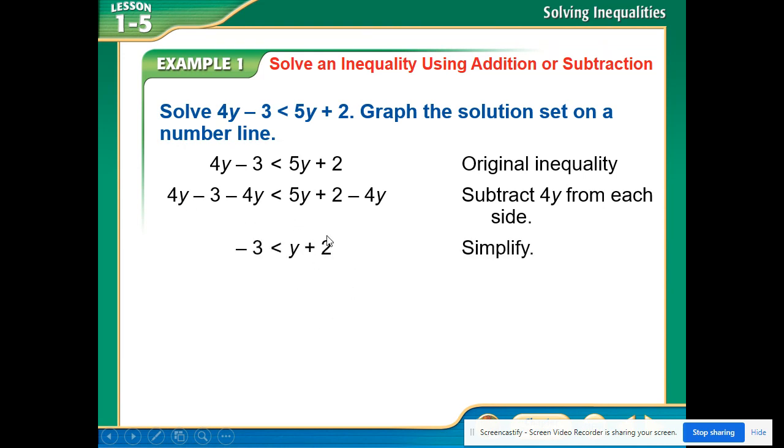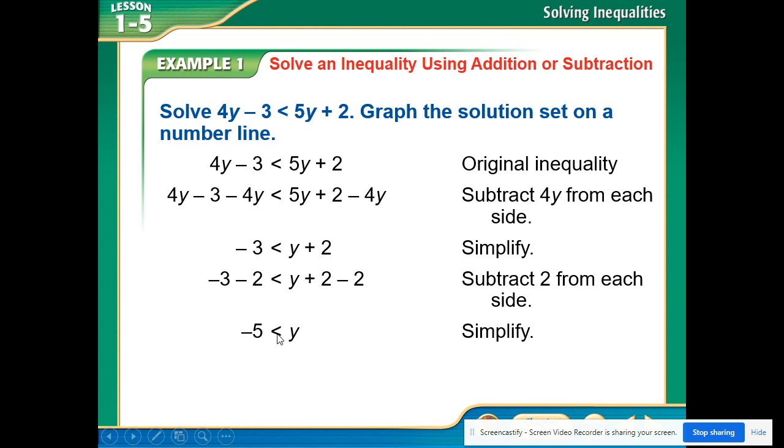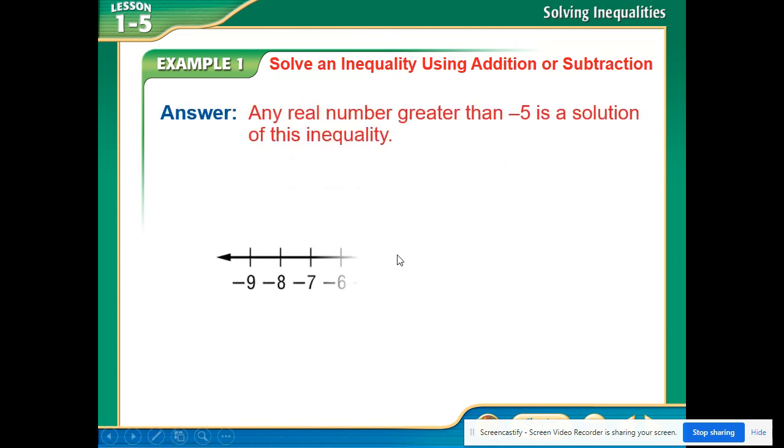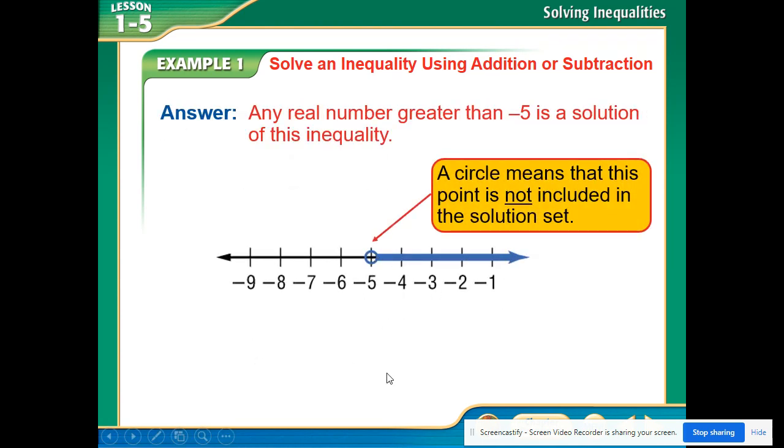We still have this plus 2 over here. We have to move it over. So we subtract 2, and negative 5 is less than y. Again, we're going to flip this around so it looks a little bit nicer. y is greater than negative 5. And then we go to our graph. Because it's a greater than, we're going to have an open circle on negative 5. And we're going to go off to the right.